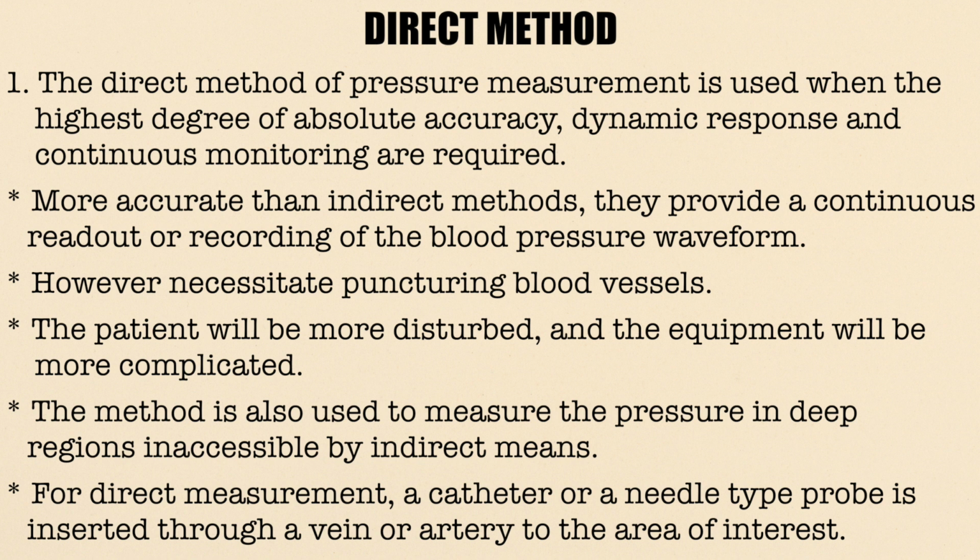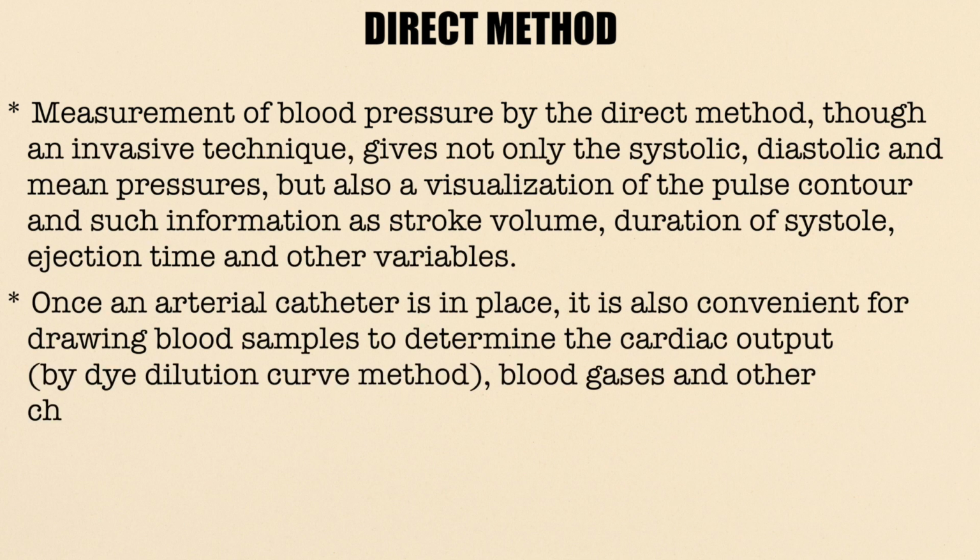For direct measurement, a catheter or a needle type probe is inserted through a vein or artery to the area of interest. Measurement of blood pressure by the direct method, though an invasive technique, gives not only the systolic, diastolic, and mean pressures but also a visualization of the pulse contour and such information as stroke volume, duration of systole, ejection time, and other variables.